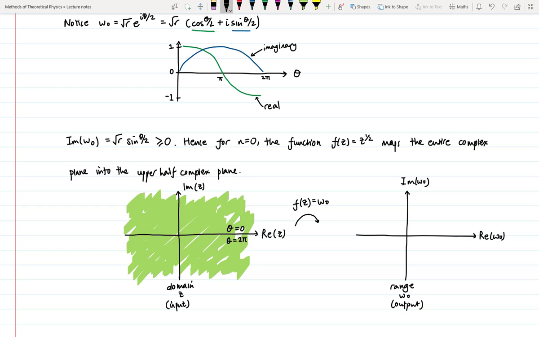If we have the argument of z, theta equal to 0, then we get mapped onto the positive real axis. On the other hand, if we have theta equals 2 pi, then because of the factor of a half in z to the half, the output has argument pi. It gets mapped to the negative real axis. Therefore, the output of this complex function is limited to the upper half of the complex plane, which I'll shade here.